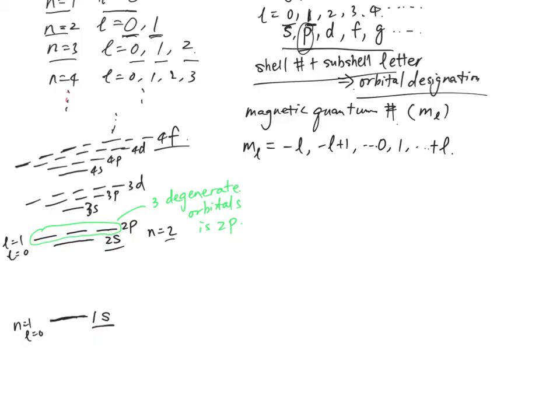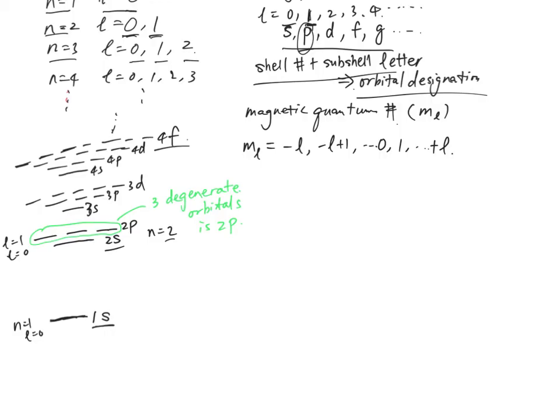Similarly, there are 5 degenerate orbitals in 3d, 5 degenerate orbitals in 4d, but 7 degenerate orbitals in 4f.